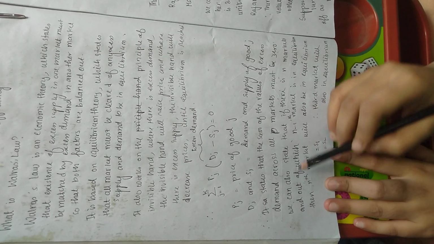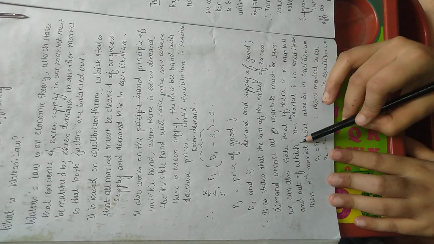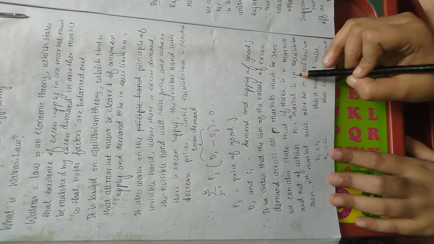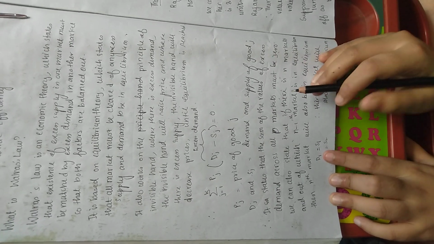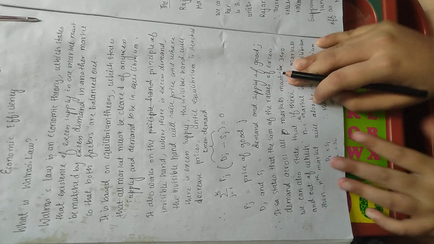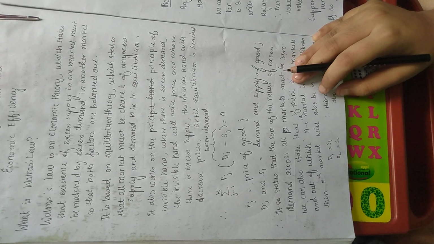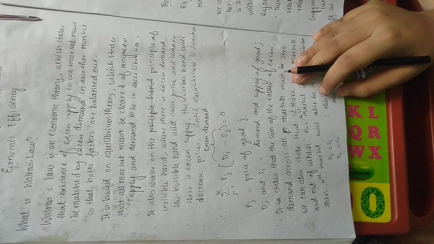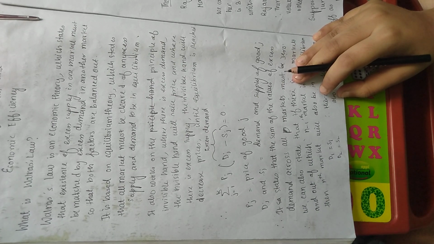We can also state that if there are n markets and n minus 1 of them are in equilibrium, then the nth market will also be in equilibrium.